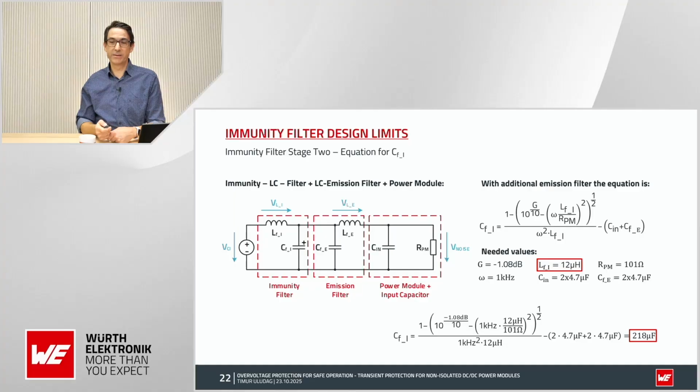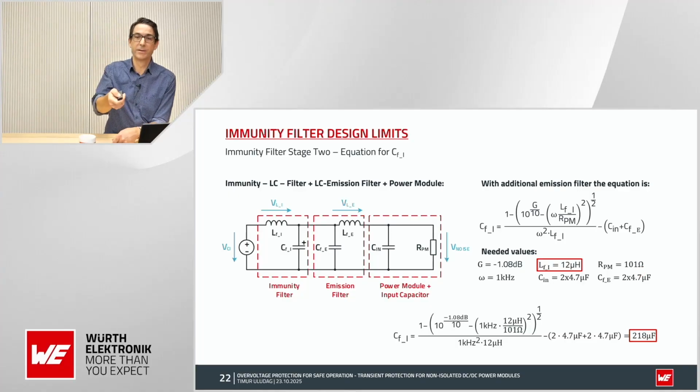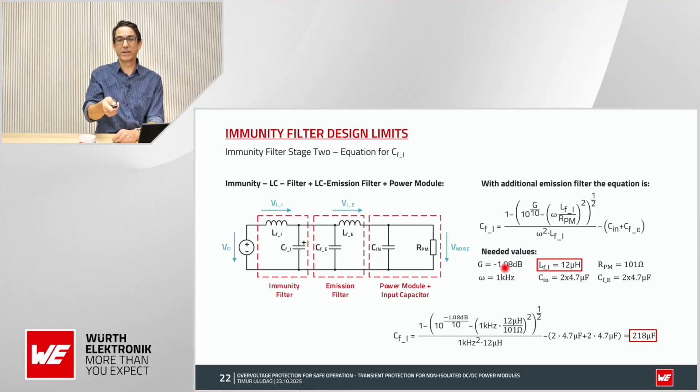And if we then take the RPM, the value of the input resistance of the power module, with 101 ohms, we got 1 kilohertz as the frequency. The frequency is based on a surge impulse.